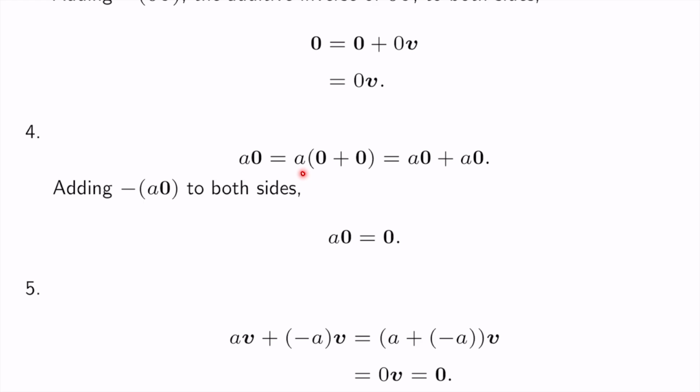Then, by the distributive law, we can expand like this: a times 0 vector plus a times 0 vector. Now, adding to both sides the additive inverse of a times 0 vector, the left-hand side becomes the 0 vector, and on the right-hand side, one of them remains. So we have a times the 0 vector is equal to the 0 vector.